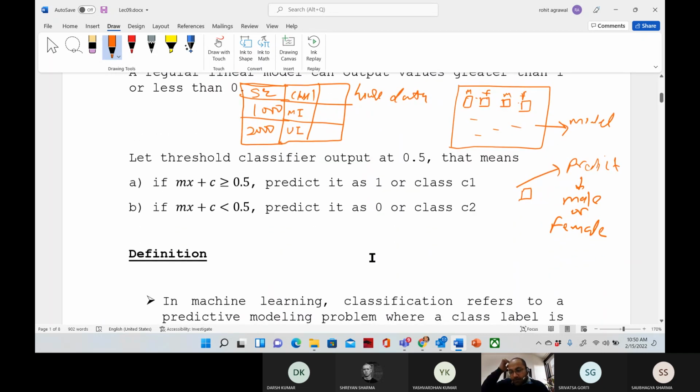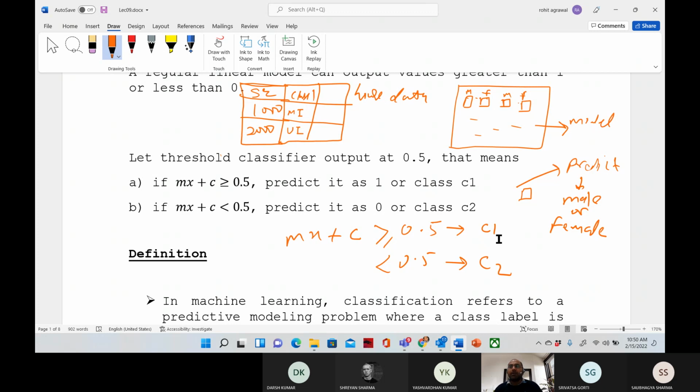Clear? Now if we talk about the regression that we discussed, in linear regression we predict mx plus c. This is a real value. What we can do is set some threshold, say 0.5. If the value is greater than or equal to 0.5, then we can say this is in class 1, else it is in class 2. It is just an example.